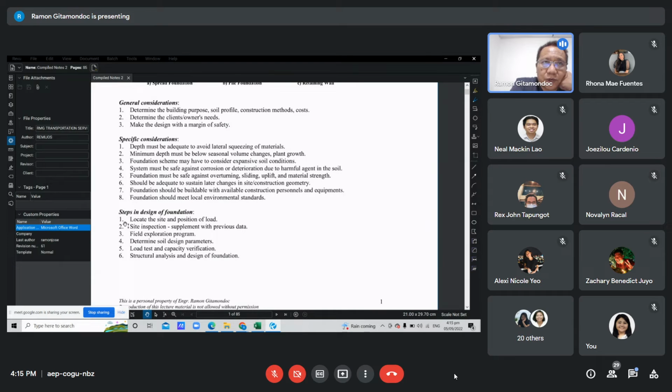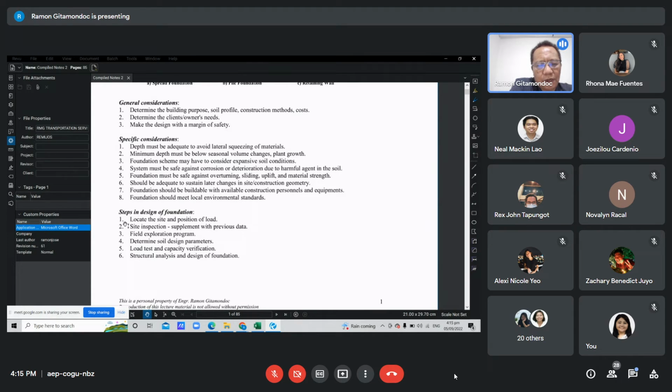From these, we apply empirical formulas, which will be translated to the ultimate soil bearing capacity. There are several equations for determining the ultimate soil bearing capacity, and that is divided by a factor of safety or a recommended value which can be used in the design. So that's the fourth, determine soil design parameters.